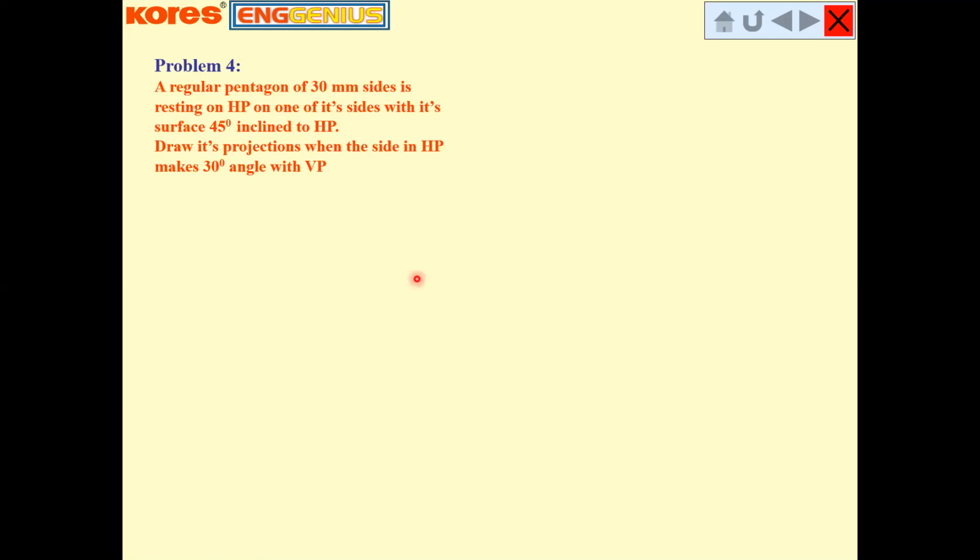The data you were having, one was regarding the size of the pentagon, one was the surface inclination, another one was the side or edge inclination. Based on these three data, you have completed this problem number 4.